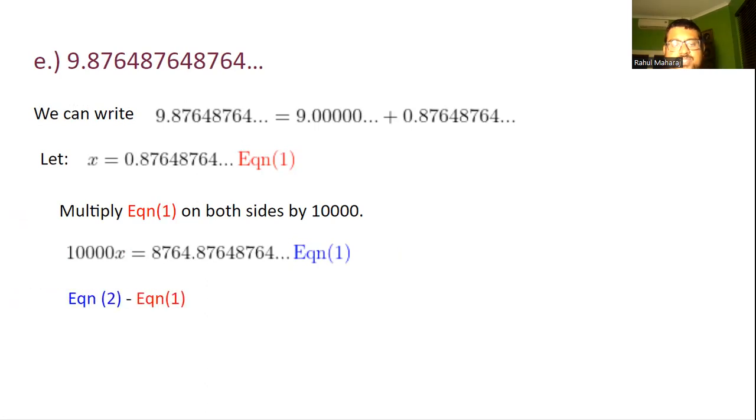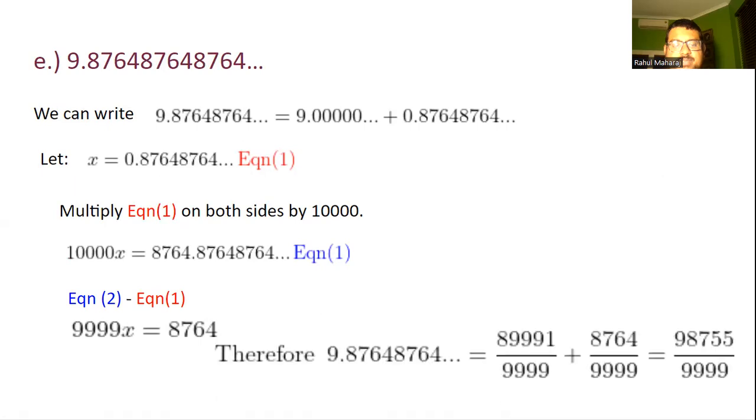So we take our equation 2 minus our equation 1, and this will give us 9,999x is equal to 8,764. And if we divide both sides by 9,999, we will get 8,764 over 9,999.